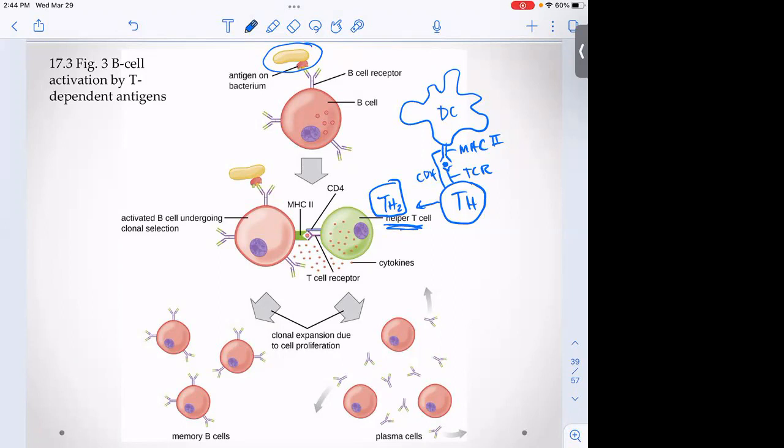And when that T helper 2 cell recognizes antigen that the B cell here has ingested a little bit of and presented by MHC class 2, the T helper 2 cell releases the cytokines that will stimulate the B cell to become activated. We call it clonal expansion. It will make many more copies of itself. It differentiates into plasma cells that make antibodies and also some memory cells.